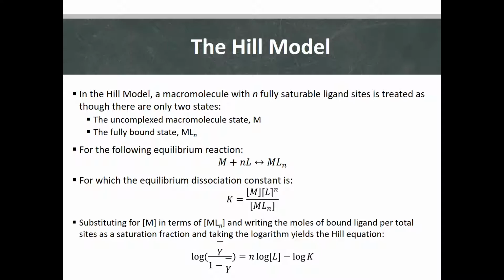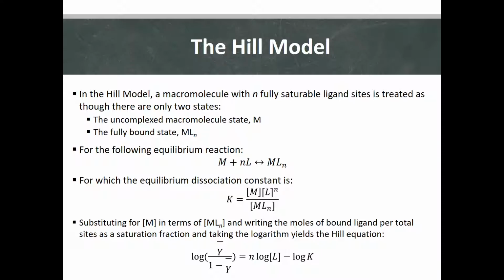They can be treated as macromolecules. So the macromolecule here is the larger molecule that is capable of interacting with multiple ligands. Okay, so here we have two states, our uncomplexed macromolecular state M, and the fully ligand-bound state, the saturated state, MLN.